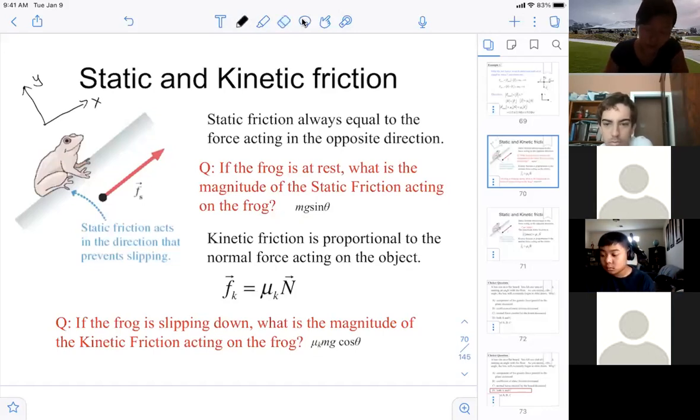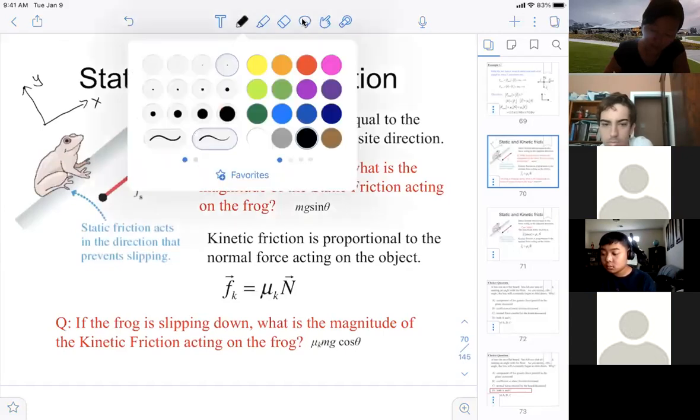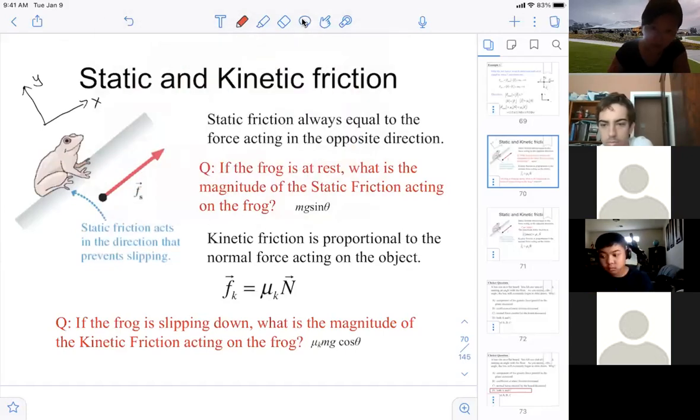So if you draw the free body diagram of the frog, you would say it has weight. I'm just going to call it weight, so it's easier for me to break it down into components. Weight of the frog, and I have normal force of the frog, and I have static friction.